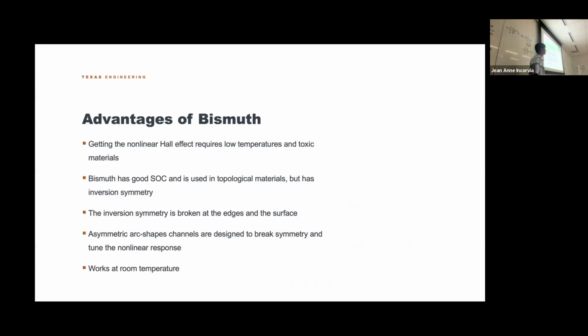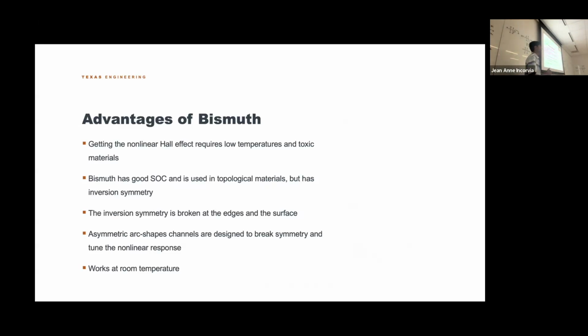Bismuth has good spin orbit coupling and is already used in topological materials, but it does have inversion symmetry. To get the nonlinear Hall effect, you need to break that symmetry. At the edges and the surface of the material, that symmetry will be broken, so you can still get the nonlinear Hall effect on the edges. By engineering to exploit that, you can use bismuth to get the nonlinear Hall effect.